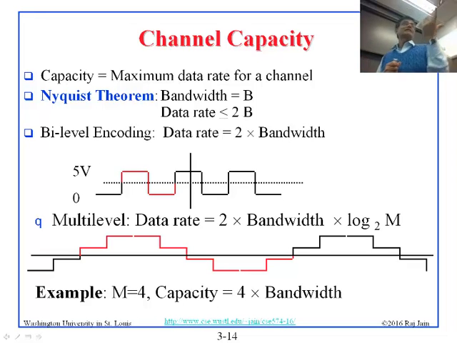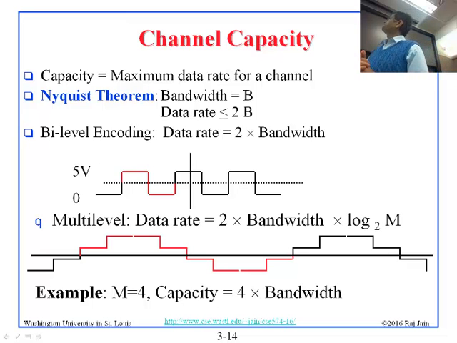We have 2 bits per second, but 1 cycle of it. So basically, your capacity is 4 times the bandwidth. Now, the bandwidth is 1/8 of a cycle per second, right? And 4 times that would be half a bit per second. 2 bits per second.